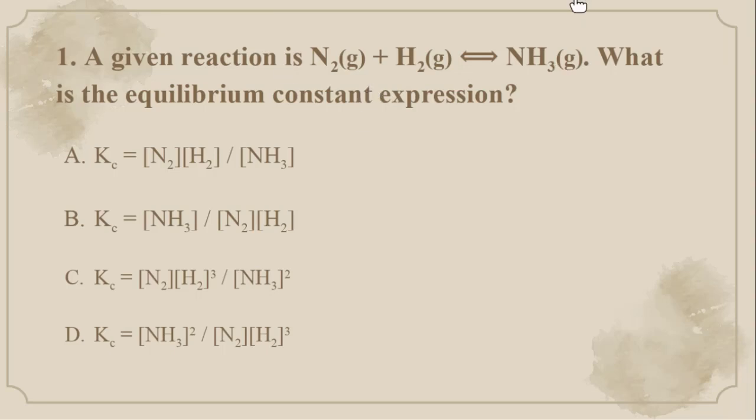But is this equation ready to write an expression for, or is there something that has to be done first? Have you guys checked everything about this reaction? Yeah, it's unbalanced. So what do we do first?